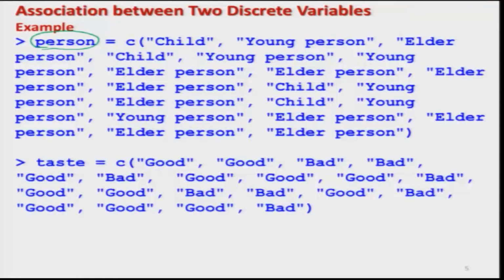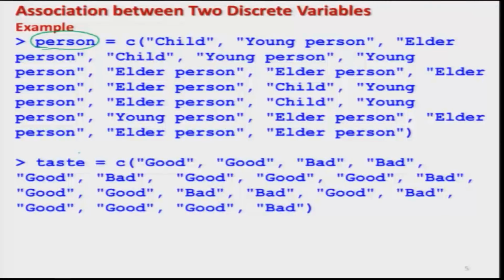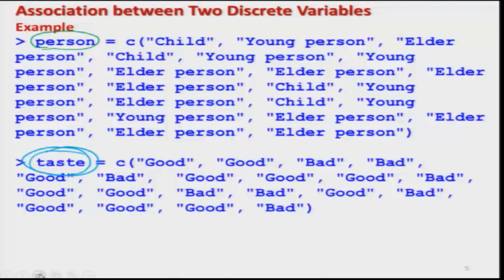One is the variable person, in which I store this data set, and I have simply typed it. In the second variable, taste, I have collected the data good, bad and so on, and this data has been assigned to these vectors in the same order.